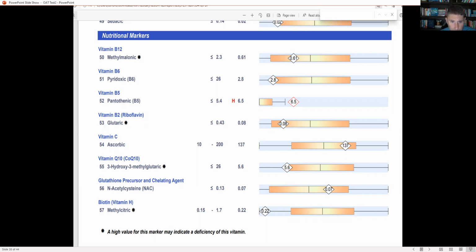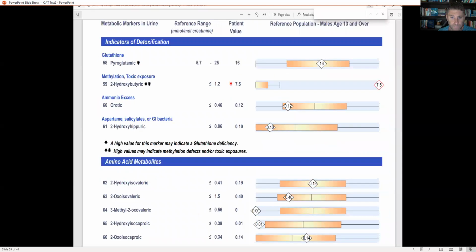If the vitamin Q10 marker, the 3-hydroxy-3-methylglutaric acid, is high, that's a CoQ10 deficiency. And our vitamin H, our methylcitric, if that's high, then that's a biotin deficiency. So for those markers, if it's high, it's deficiency. If it's low, it's fine. But the other markers, obviously, we're looking at if they're high or low.